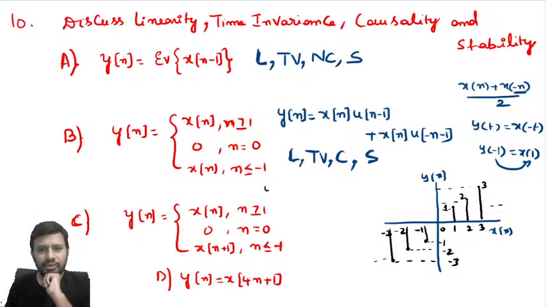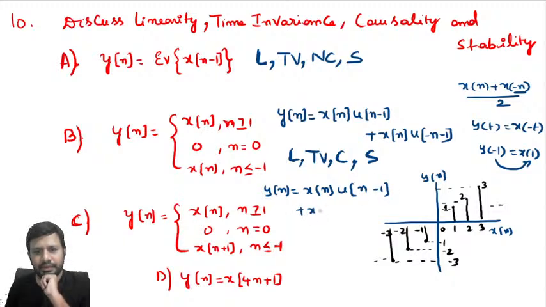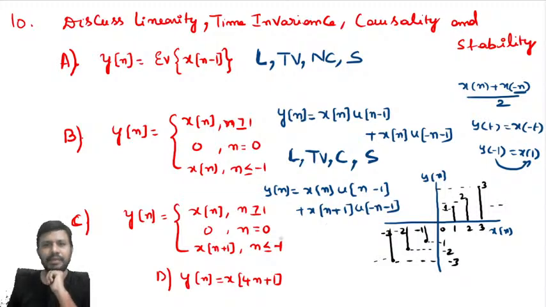You can write in terms of unit steps also. This becomes x of n into u of n minus 1 plus x of n plus 1 into u of minus n minus 1.